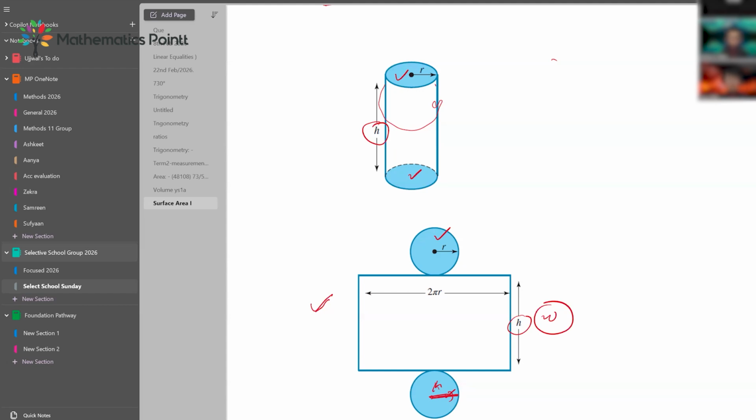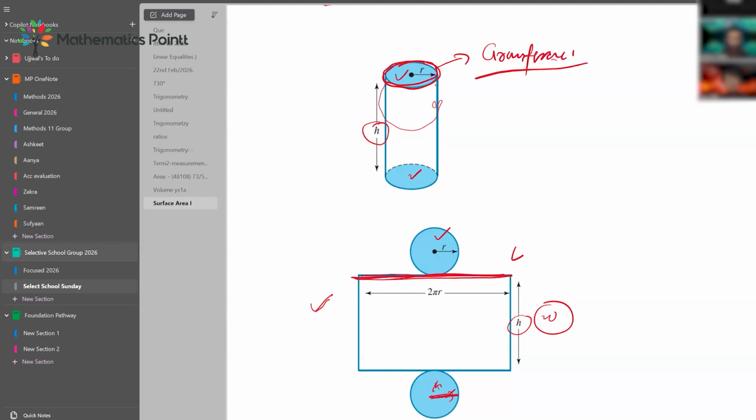And if you look at it, this top length of the rectangle rolls to become a circle. And the outer boundary of the circle is its circumference.